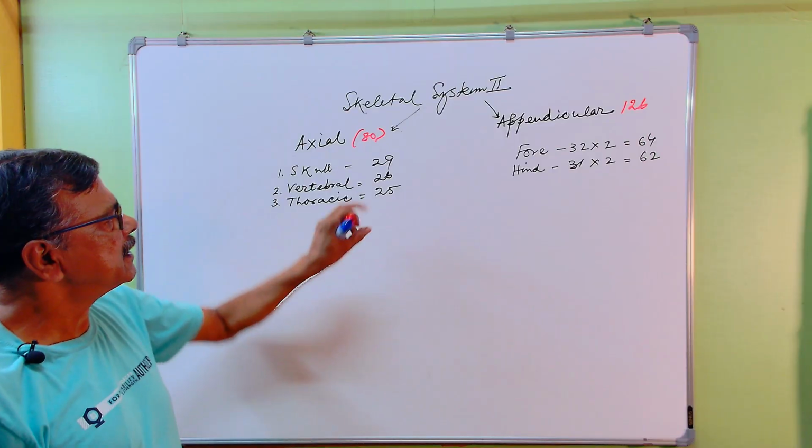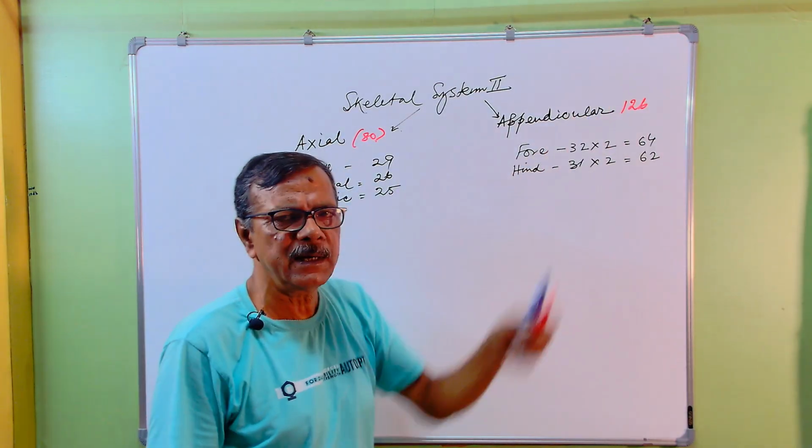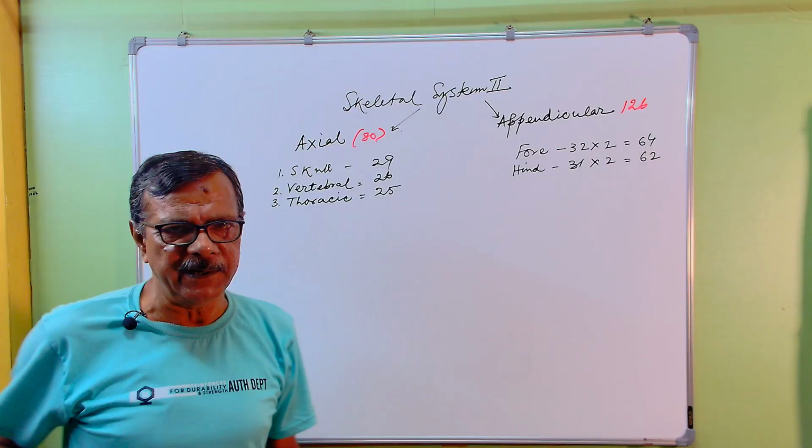So these constitute 80, and the appendicular ones constitute 126. This much we have completed.